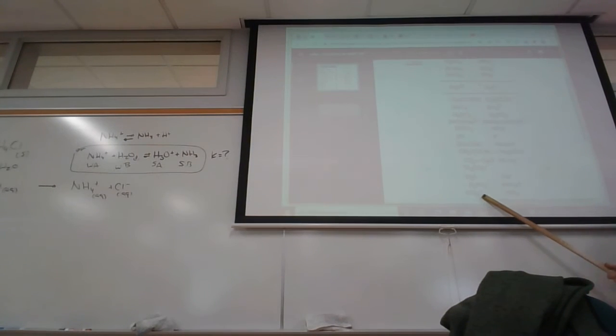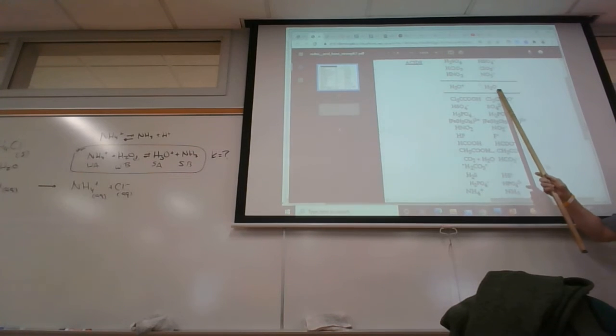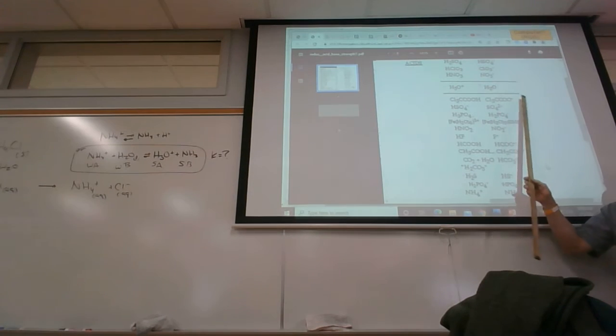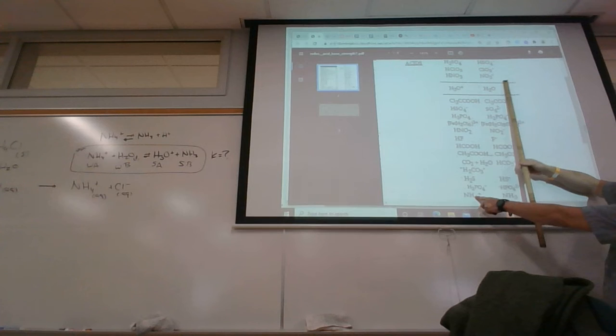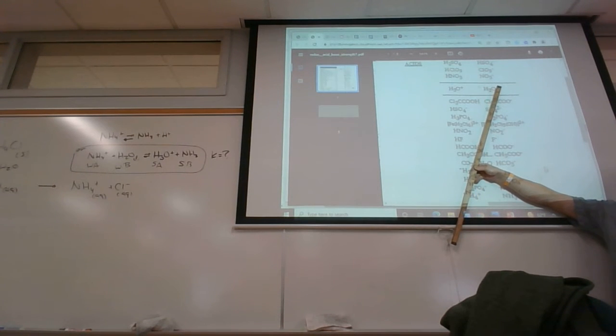So ammonium, what do you rank it as far as acid strength goes? Pretty weak. And then water is a pretty weak base. And so the reaction here is ammonium and water. That's pretty steep climb, right? Pretty long climb for this.